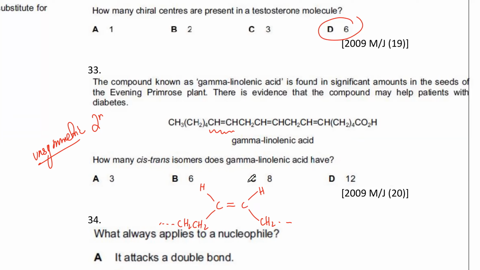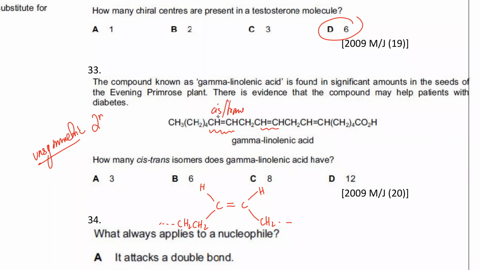Yes, cis. This one is cis, and there's going to be another version which is going to be trans, where the H is pointing downwards. If you expand the structure, the carbon only has 1 H, and the other thing that the carbon is bonded to is another carbon chain. This carbon also has an H, and the other thing it's bonded to is this carbon chain. So this is geometric, cis and trans, right?